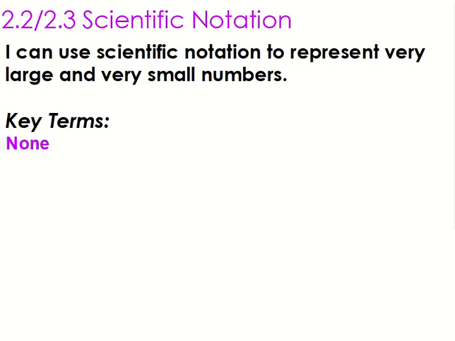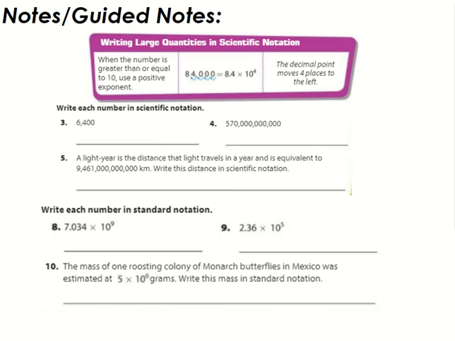Really big numbers like billions and trillions, and even millions, and really small numbers like the size of a bacteria, in the trillionths and things like that. We're going to first start with writing really large quantities into scientific notation.